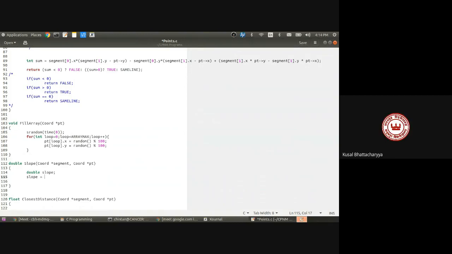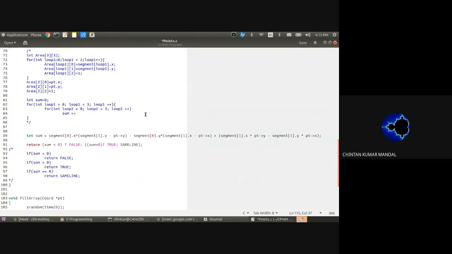It will not be pt dot, it's a single point which I'm taking. Oh sorry, yes sir. Right, it is a single point. Minus segment 0 dot y.